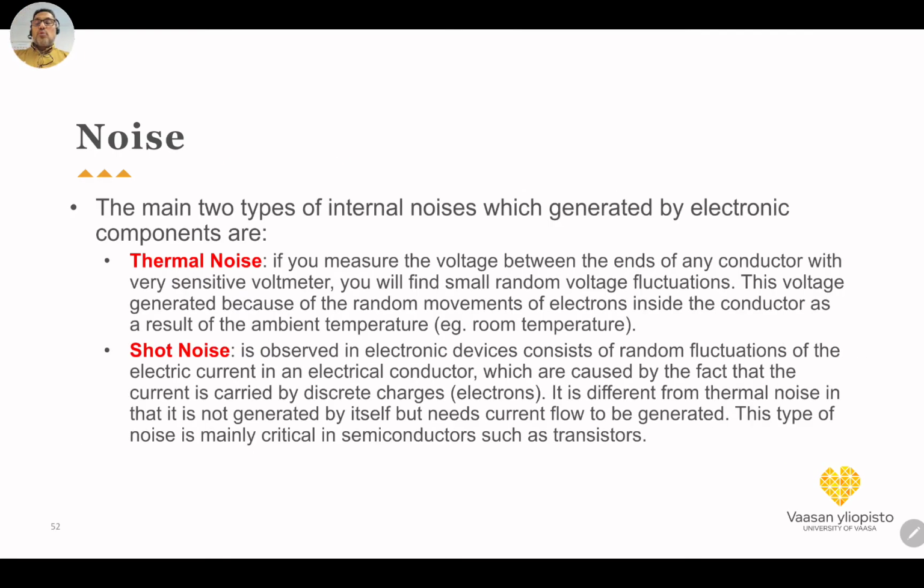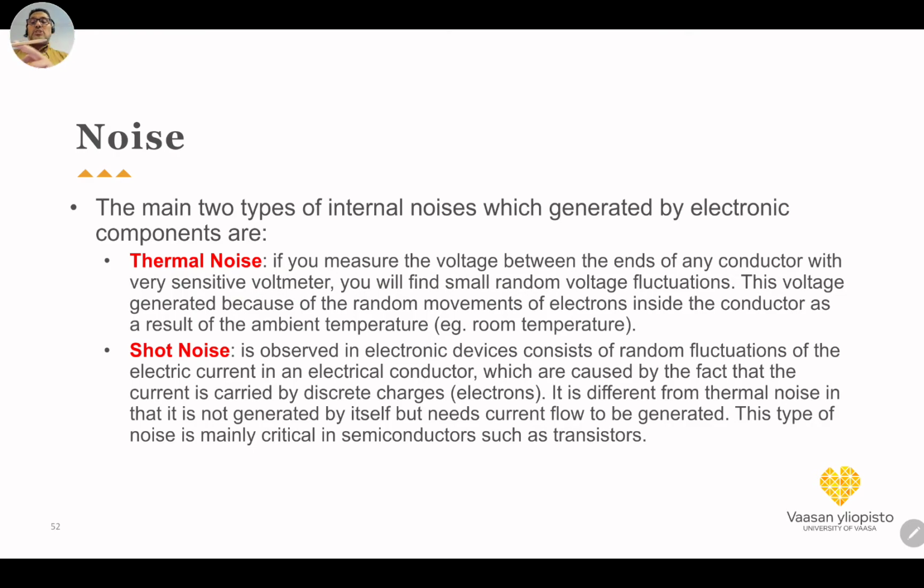About noise, we have two main kinds of noise in digital communication, or in electronic communication in general. Either thermal noise. Thermal noise is generated because of the random movements of electrons inside any conductor. You know that when you have a conductor, it has the ambient temperature.